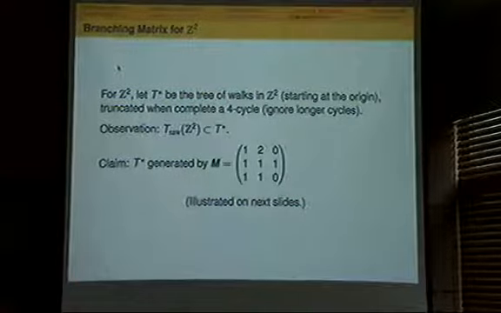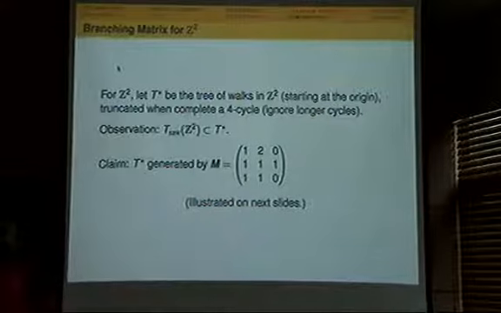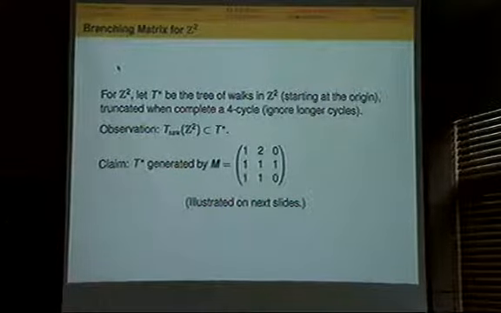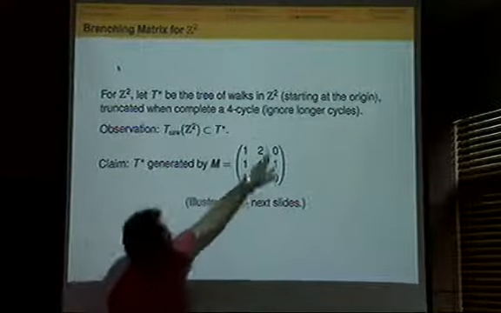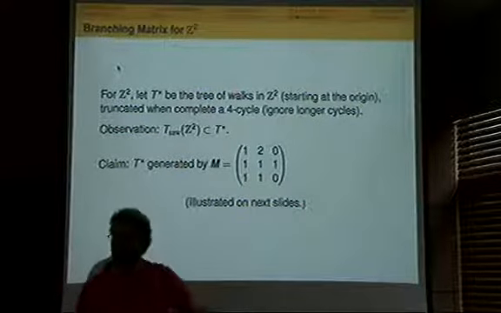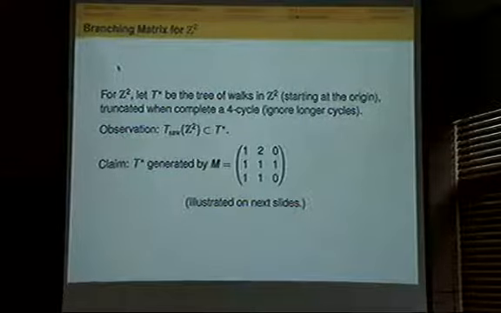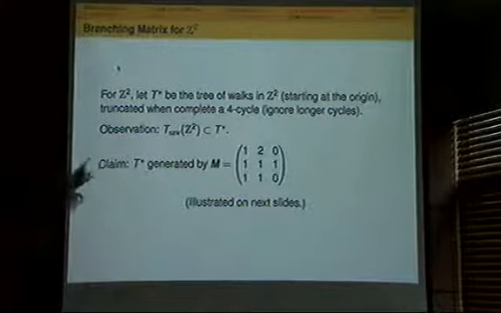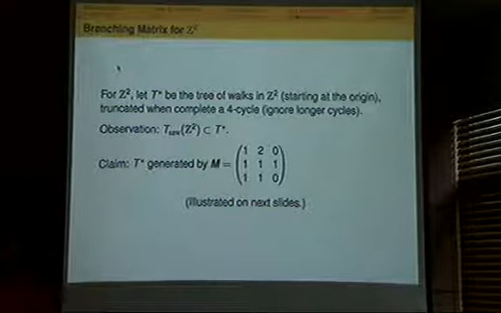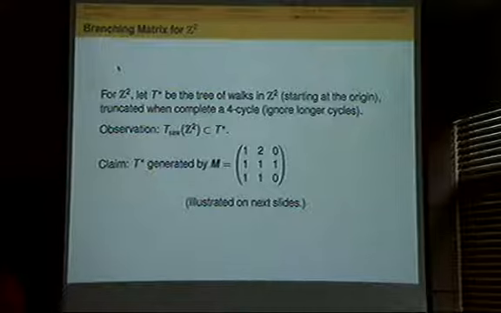What we can do for Z2, well, I can get this simple matrix which captures the self-avoiding walks of Z2. Instead, I'm going to define it differently. I'm going to look at the self-avoiding walks of Z2, and instead of stopping whenever I complete a cycle, I only stop when I complete a 4 cycle.